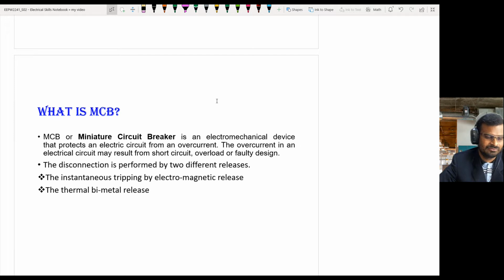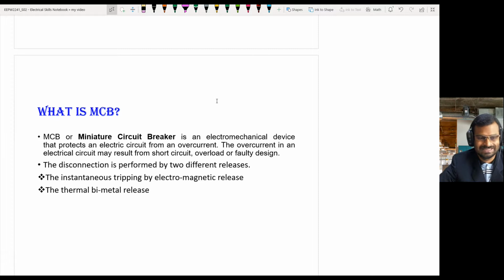In this kind of fault, the temperature of the bimetallic strip rises. When the temperature reaches a certain point, the bimetallic strip starts to melt, or it bends. When it bends, the same tripping mechanism opens the same latch point and opens the MCB. So these are the two major mechanisms.